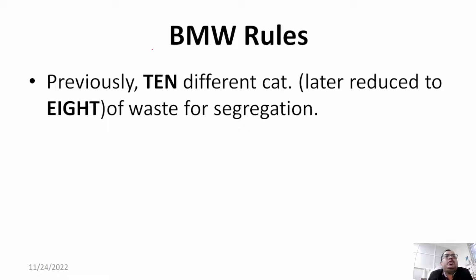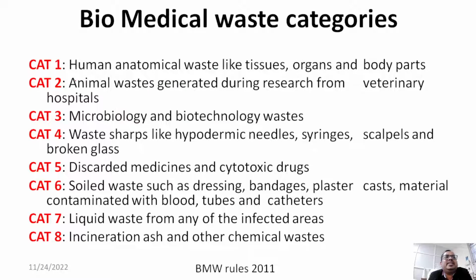Previously, according to the biomedical waste rule, there were 10 different categories of waste segregation. These 10 categories were later reduced to 8. Let's see what were the 8 categories. These were category 1 to 8.